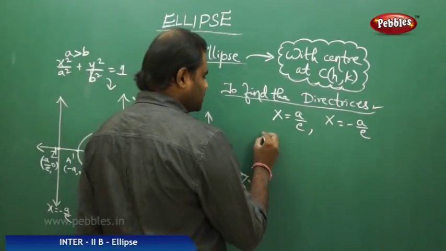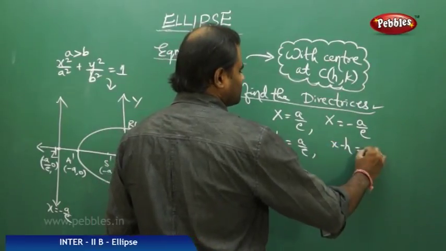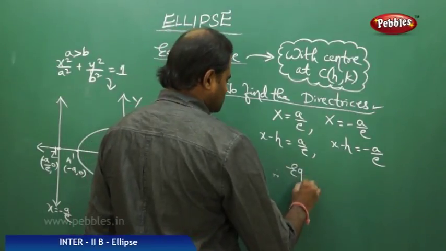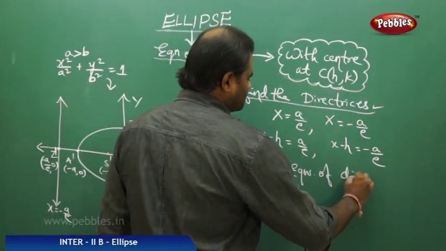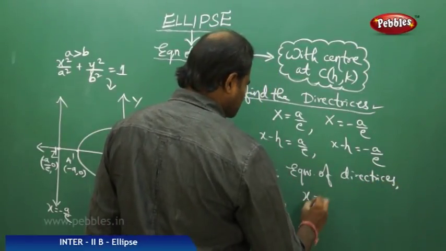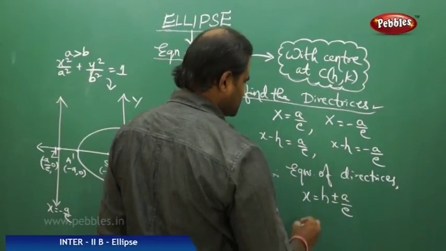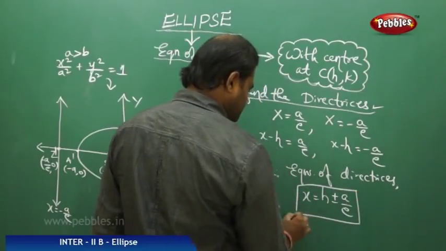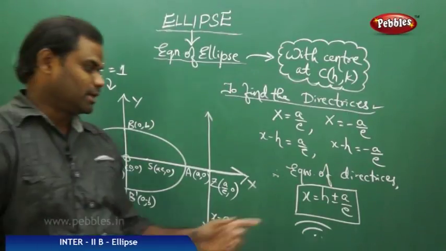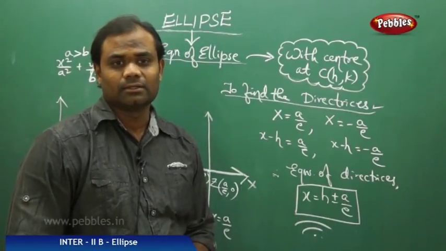Therefore, the new directrices would be, by taking x minus h is a by e, the equations of directrices: x equals h plus or minus a by e. This is what we get as the new directrices for the transformed equation: x equals h plus or minus a by e.